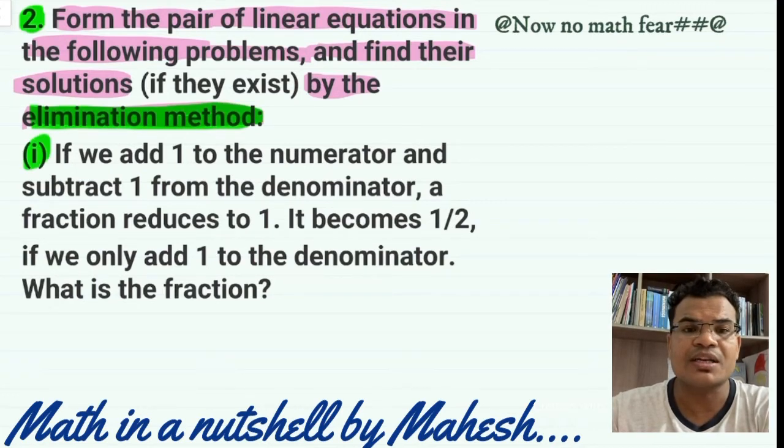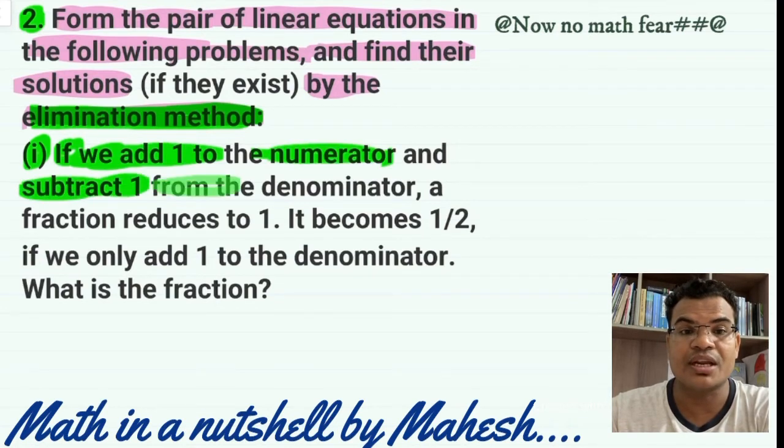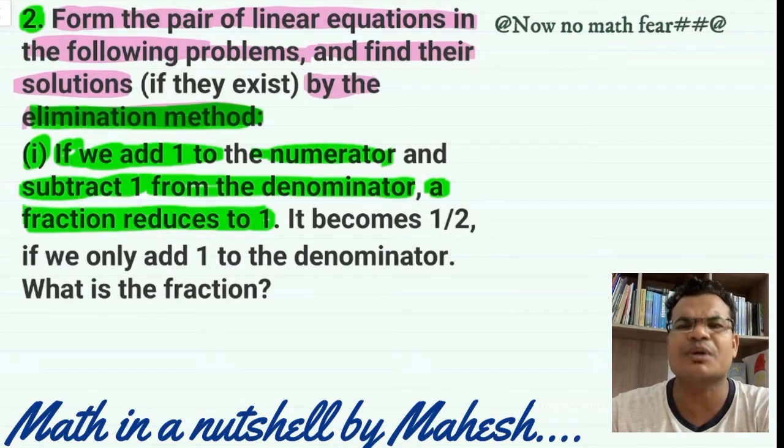The first part is: if we add 1 to the numerator and subtract 1 from the denominator, the fraction becomes 1. So the condition is that the fraction becomes 1 if we add 1 to the numerator and subtract 1 from the denominator.